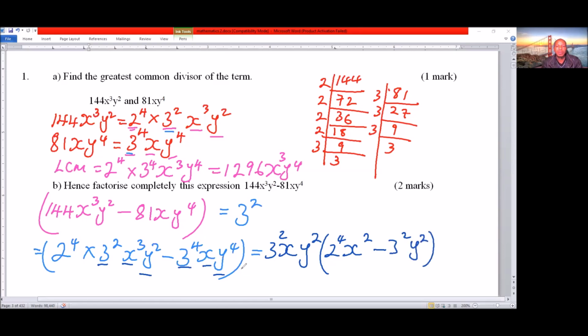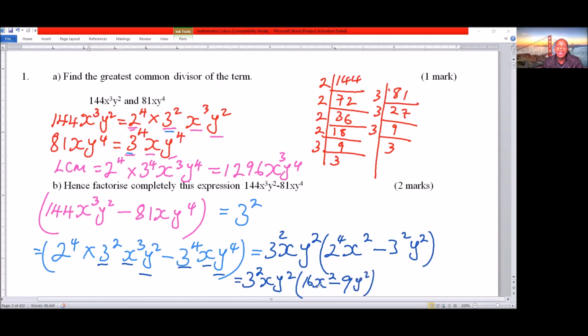We factored out y squared, which is equal to, if you multiply, 3 squared x y squared. You find that 2 to power 4 is 16, so we have 16 x squared minus 9 y squared. This is supposed to be y squared.